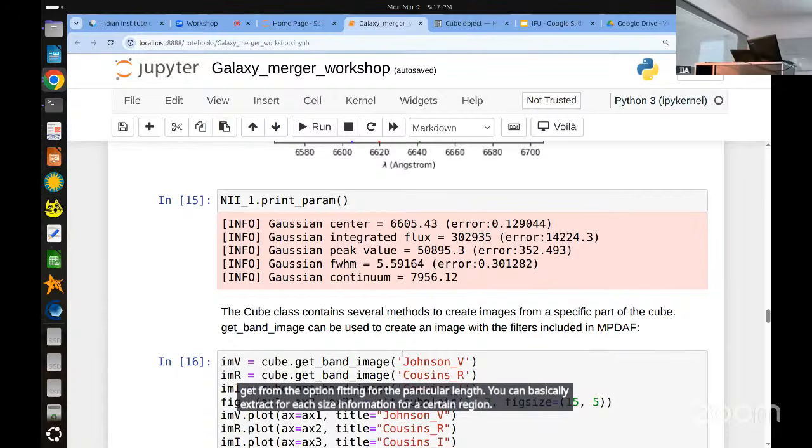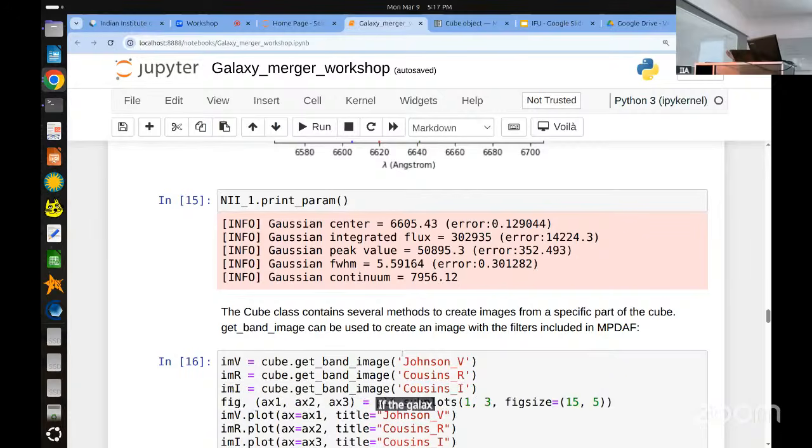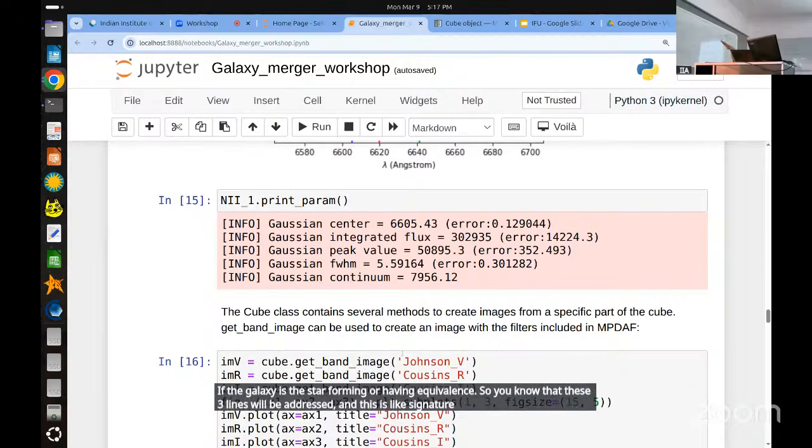This method we generally use if a galaxy is there and we don't know its redshift. We fit the corresponding Gaussian lines, get the Gaussian centers, and use these wavelengths to estimate the redshift. We know there are three lines which will always be adjacent if the galaxy is star forming or has N2 emission. These three lines are a signature.